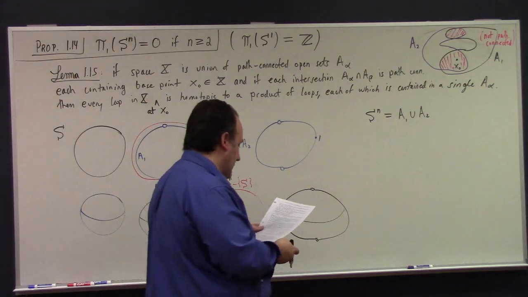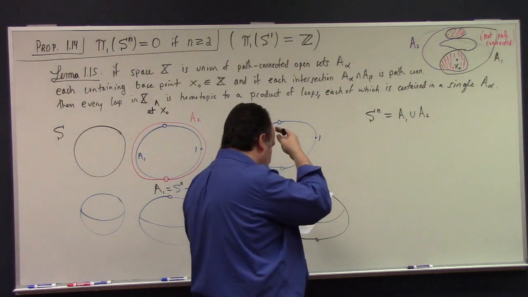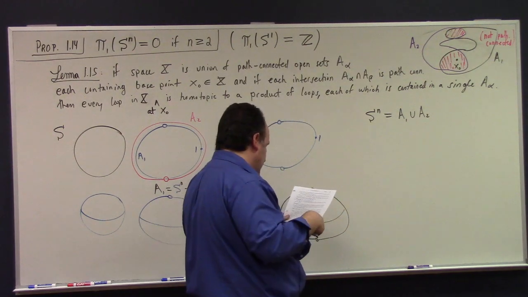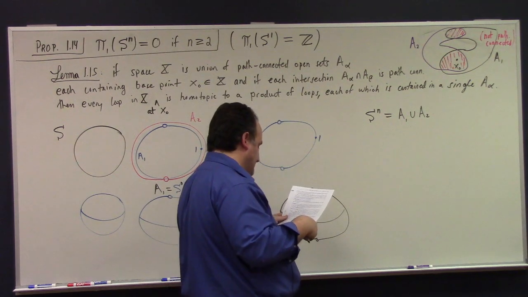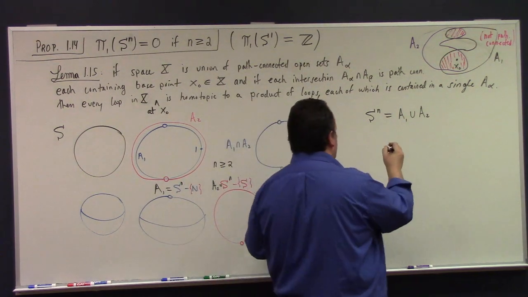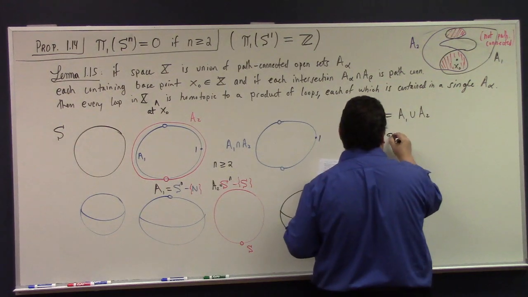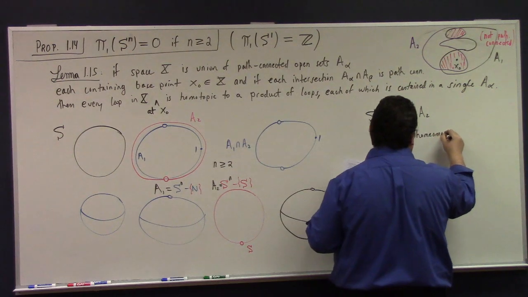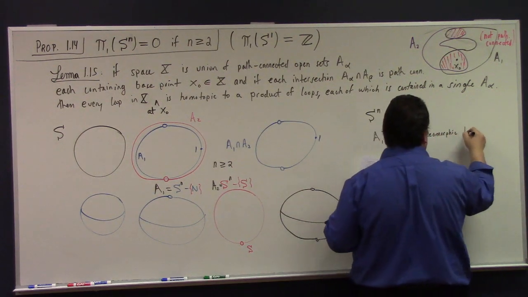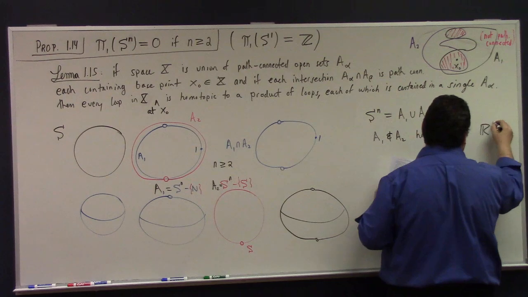He says each of A1 and A2 is homeomorphic to Rn.